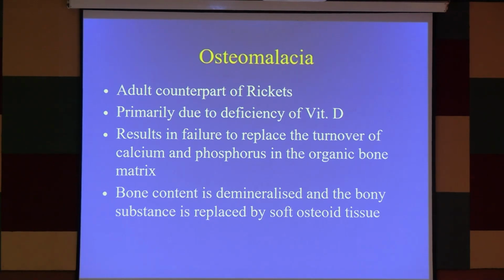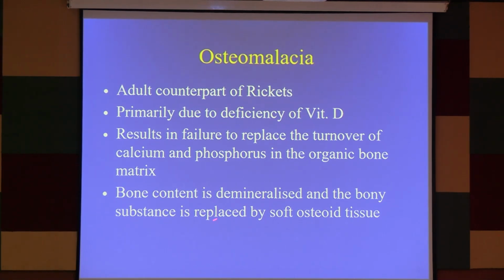And briefly, you have to know the difference between rickets and osteomalacia. The basic pathology is the same. The bone is weak since there is defective mineralization. But osteomalacia is seen in adults after the growth plate fuses.